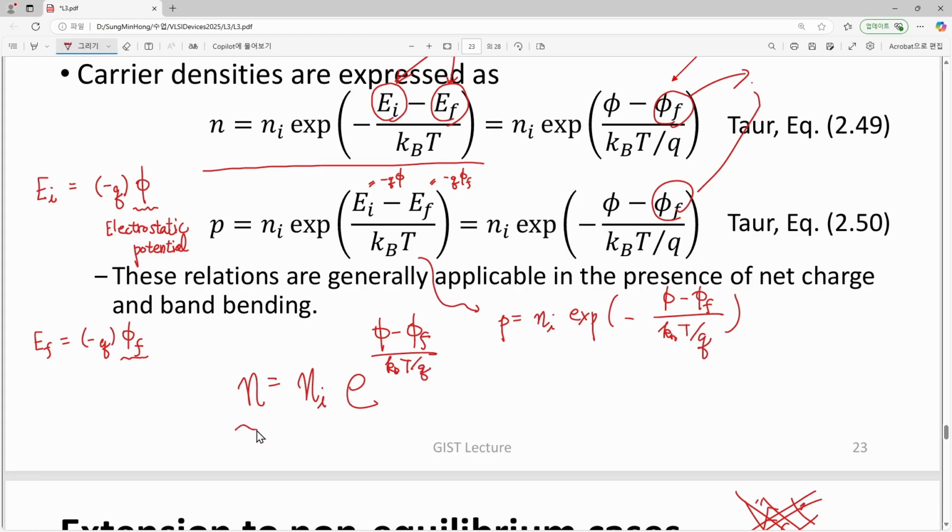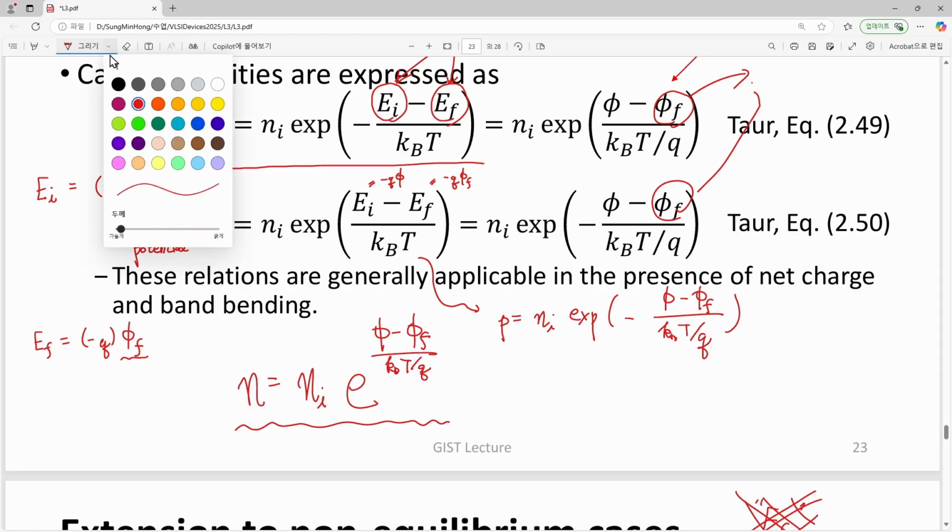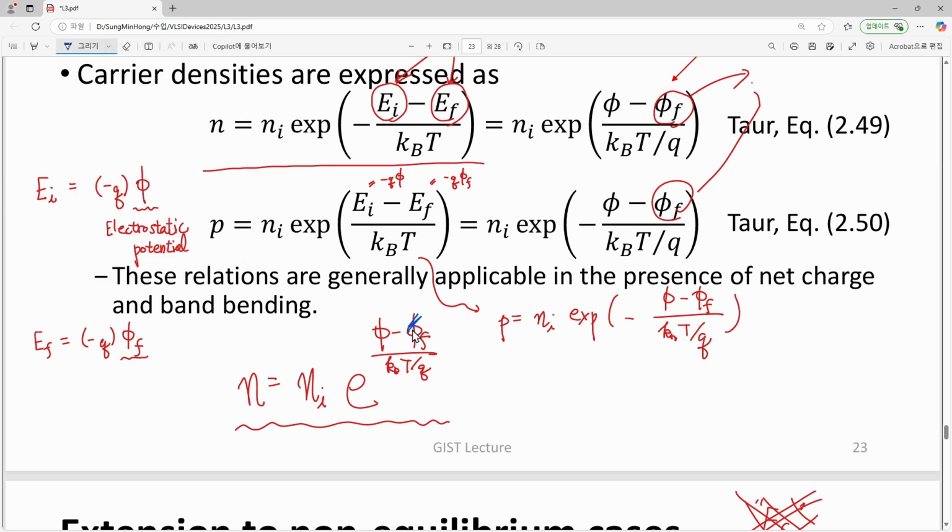This expression looks quite attractive, but it is valid only in the equilibrium case. But this one is so good that we wanted to use it. Okay, if we cannot define this one, then let's introduce a generalized quantity.